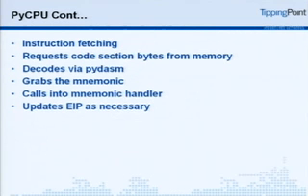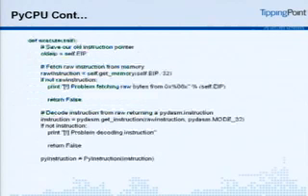So, in essence, this is the fetch, decode, execute that all CPUs do. You have instruction fetching, request code section bytes from memory, decode it via PyDASM, grab a mnemonic, call a handler, update the IP. That's a pretty simplified version, but it's all the CPU really does.